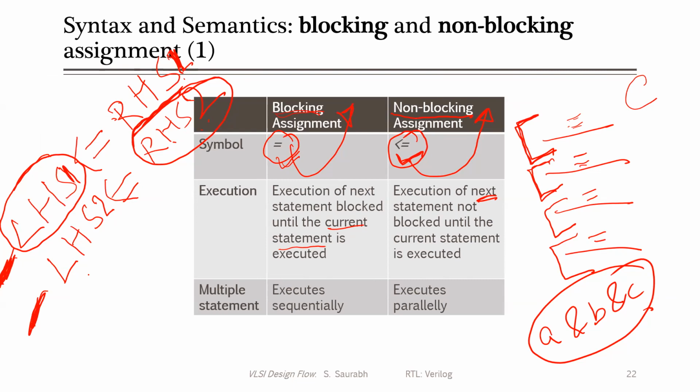This is how the non-blocking assignment is executed in simulation, in two parts. One part is that the RHS is evaluated, its value is computed and stored, 0 or 1, whatever it is. For all the non-blocking assignments, all the RHS are evaluated first, and when the simulation time is about to end, all these computed values are put to the LHS.